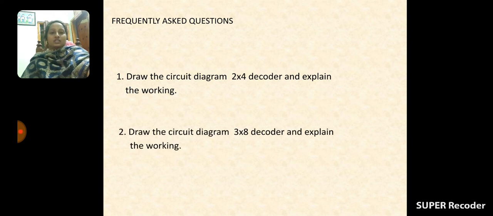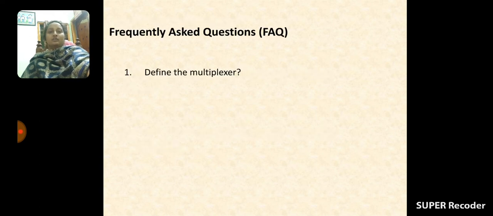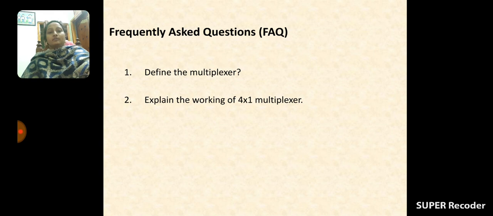Definitions or statements came in examination for 1 mark like this: define multiplexer, define decoder, define demultiplexer. Draw the symbol of demultiplexer, draw the symbol of multiplexer, draw the symbol of decoder. 3 marks questions. Explain the working of multiplexer, explain the working of decoder, explain the working of demultiplexer. These are the 5 marks questions, long answer questions.